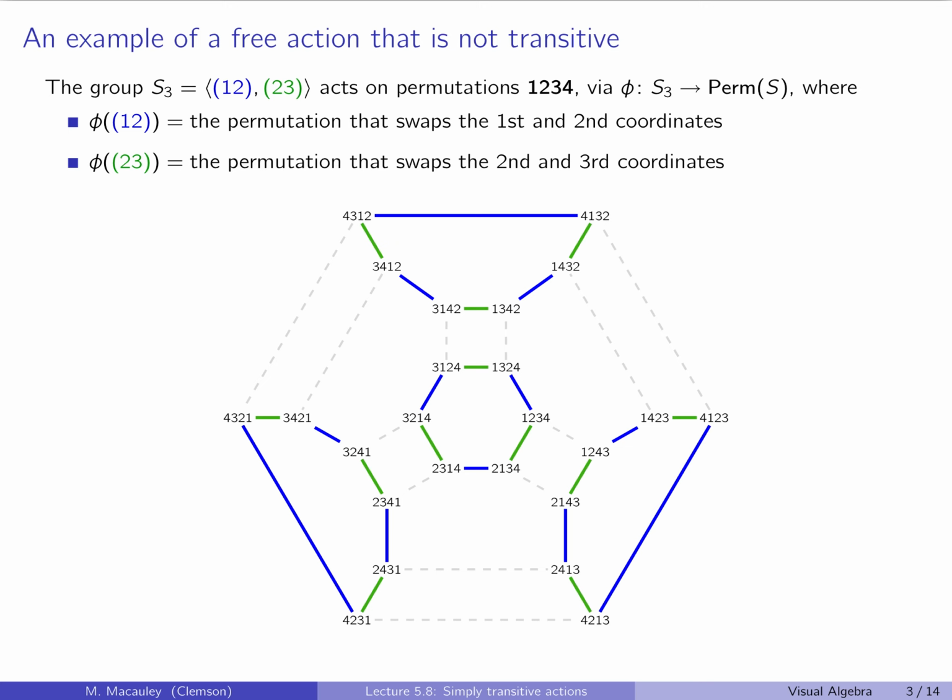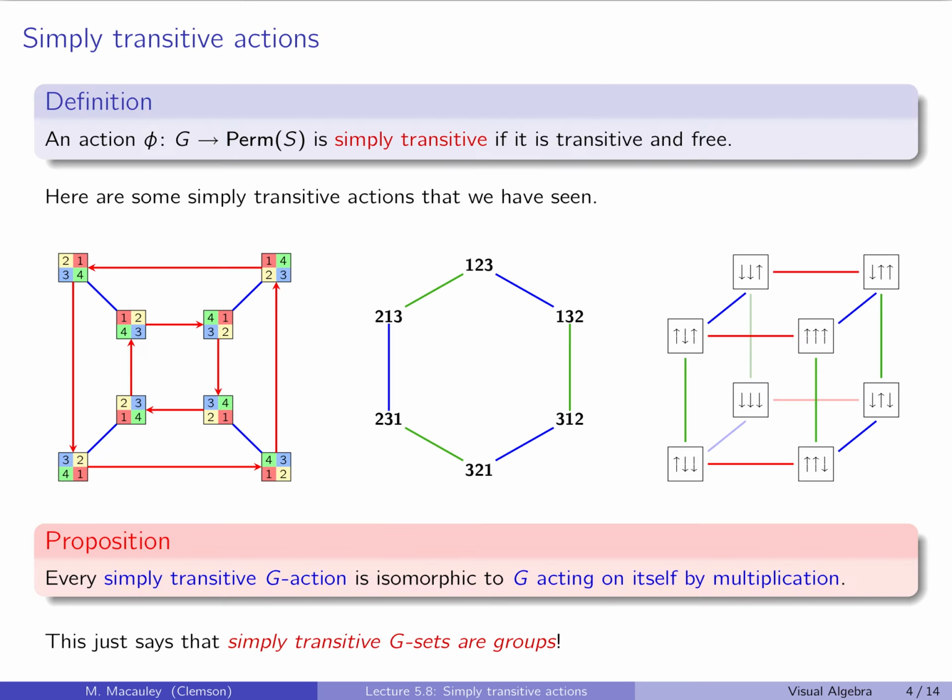An action of a group G on a set S is simply transitive if it is transitive and free. So that means it's connected and as unwound as possible. Here are some simply transitive actions that we have seen. This is D4 acting on a set of 8 configurations of the square.